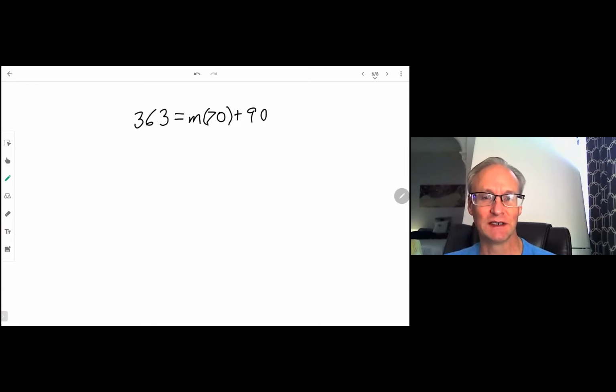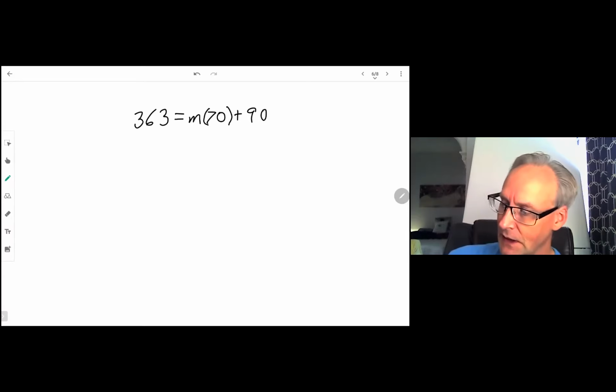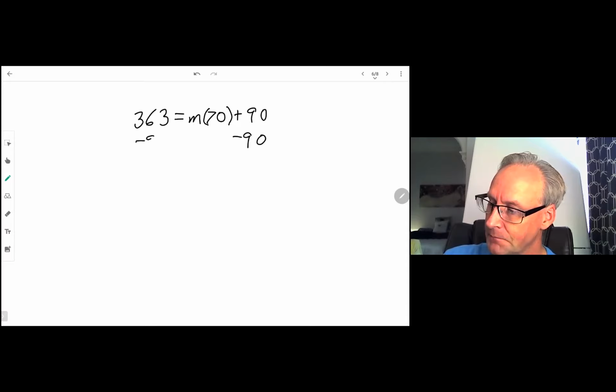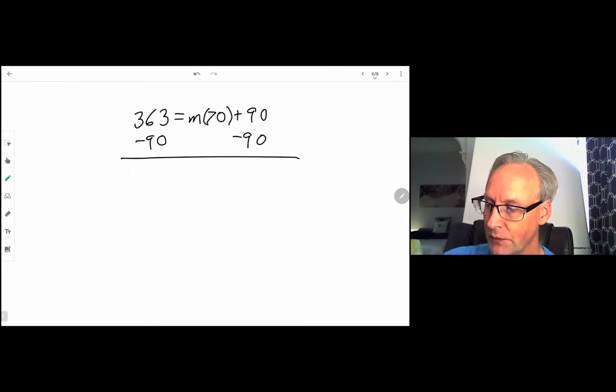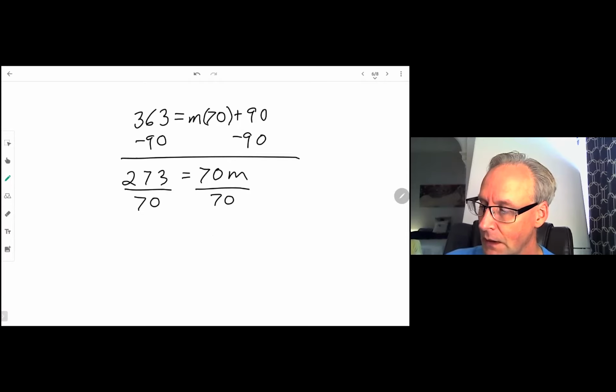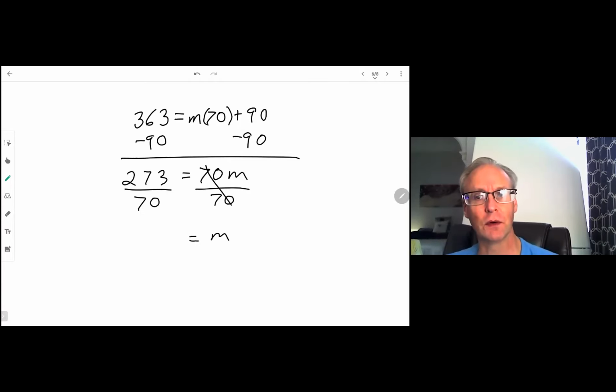I like to pause for a second so I can put it in the Edpuzzle. Anyway, we're going to subtract 90 from both sides. Hopefully you did that. Very similar type of problem. That's 273 is equal to 70m. And we're going to divide by 70 on both sides. And m is very close to 4, isn't it?